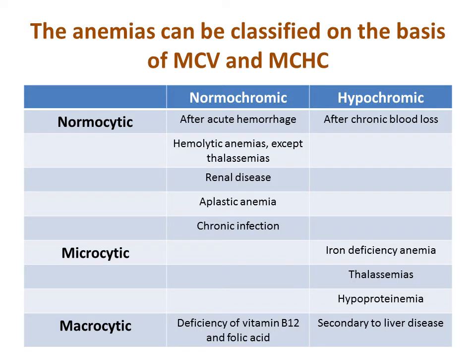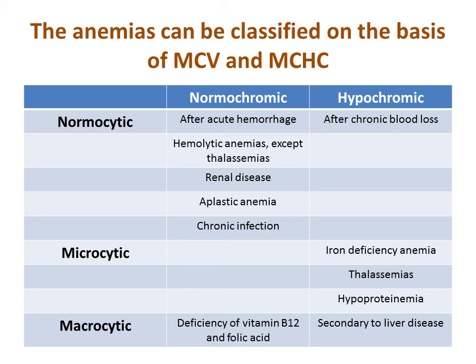Different red cell indices are used to classify the anemias on the basis of MCV or mean corpuscular volume and MCHC or mean corpuscular hemoglobin concentration. The anemias can be classified in the following manner.